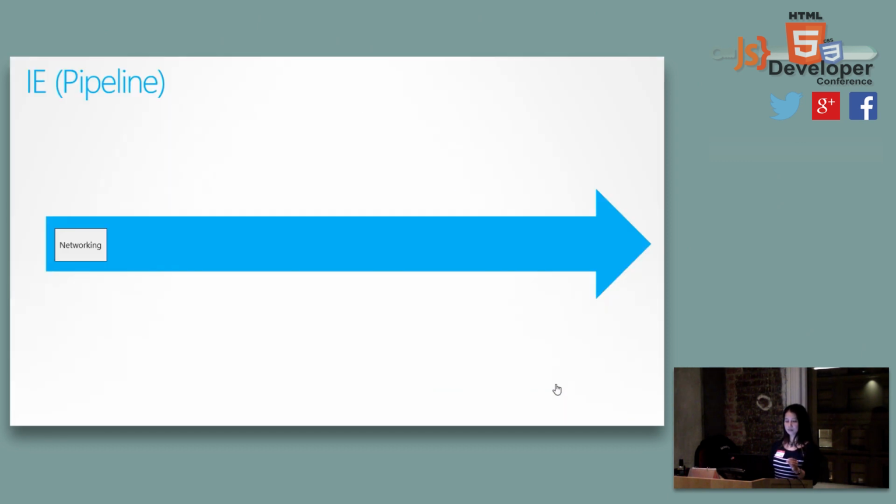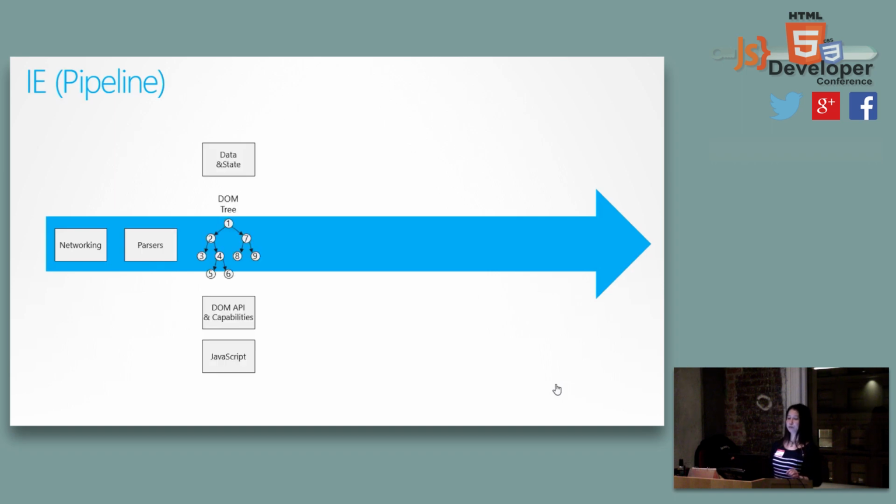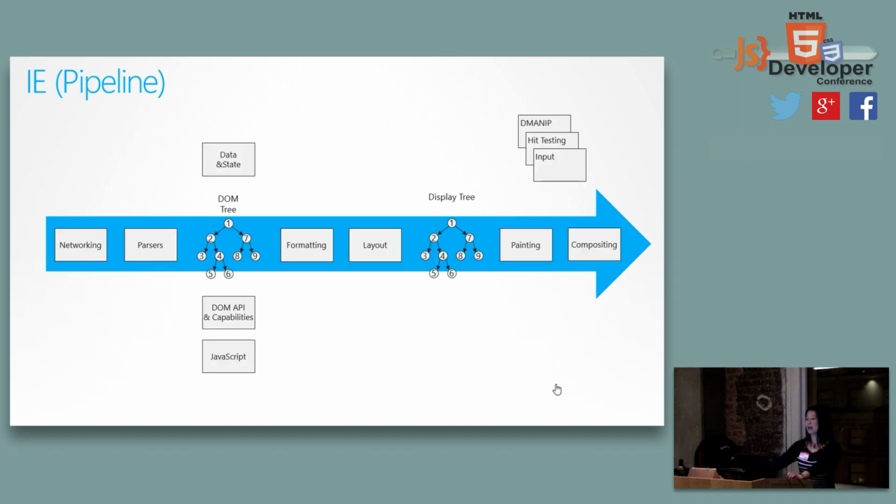Okay, so I will briefly go over the pipeline. I think most of the major browsers use the same concept, so I'll use IE as an example. Normally when you run the JavaScript engine, underneath it always goes through a networking stage. It goes through a parser stage, which creates a DOM tree from the website.